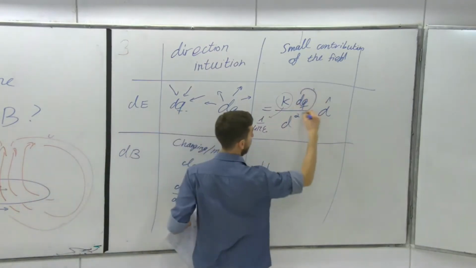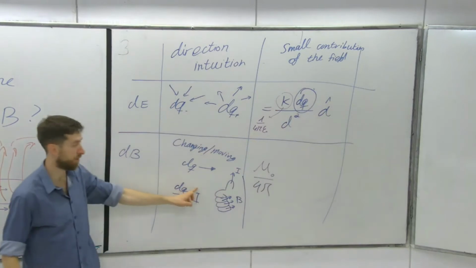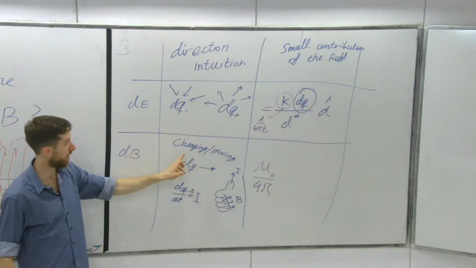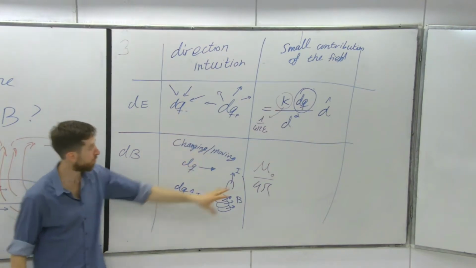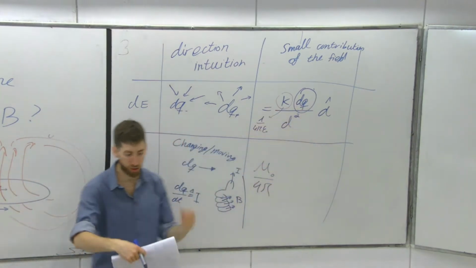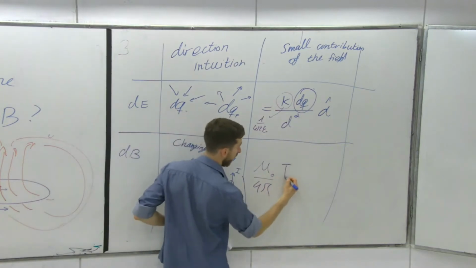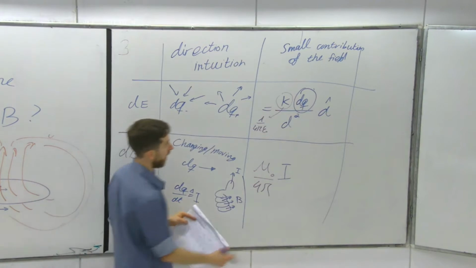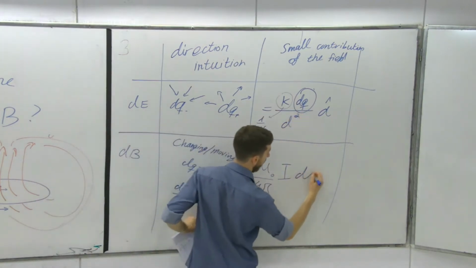Regarding the dq, what we have in magnetic fields is not a charge, but a changing charge. So we want something that actually changes. This is the current, right? Current is a changing charge. And I also need to put the dl.